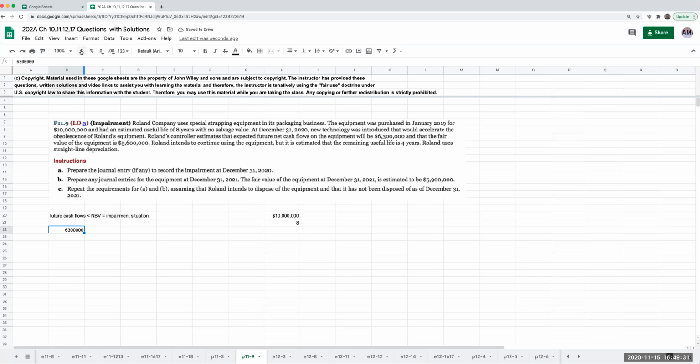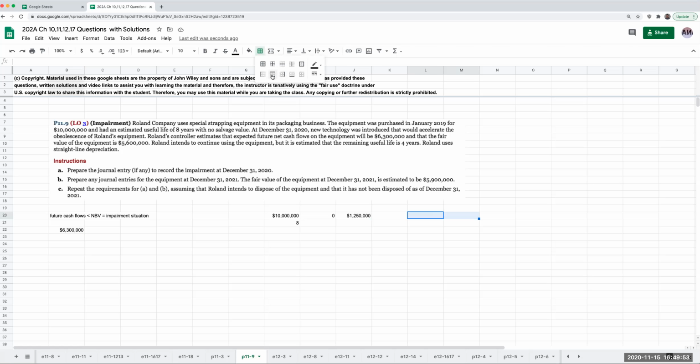What I first need to do is compare these future cash flows to the net book value. If the cost was 10 million, no salvage value, 8 years, I would be taking 1.25 million of depreciation expense each year.